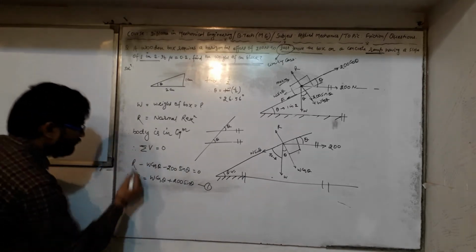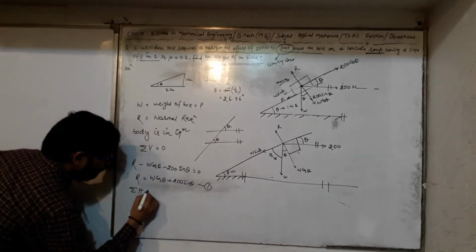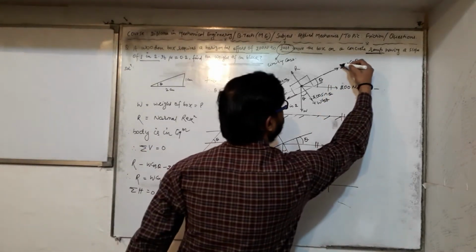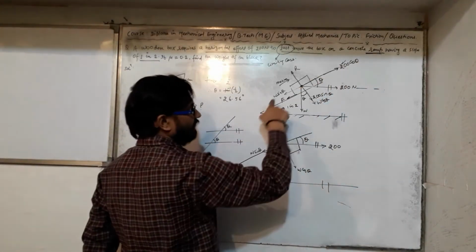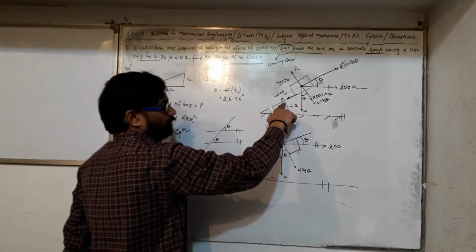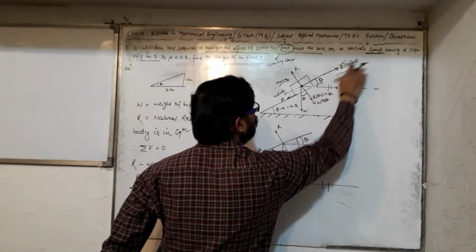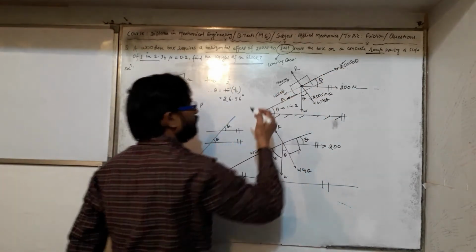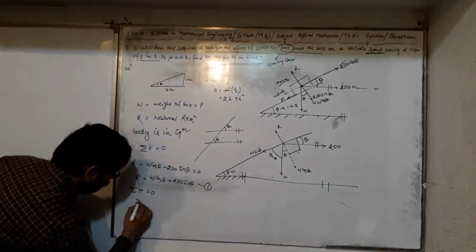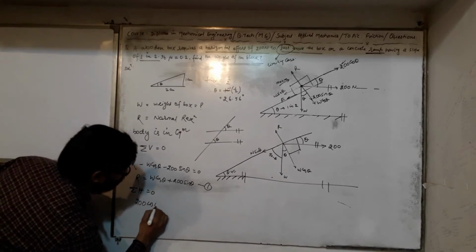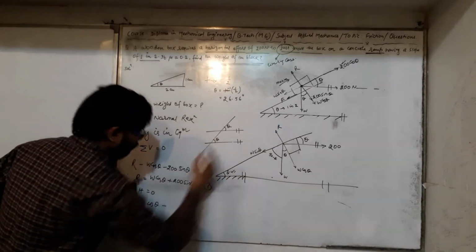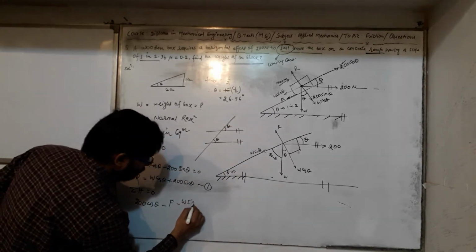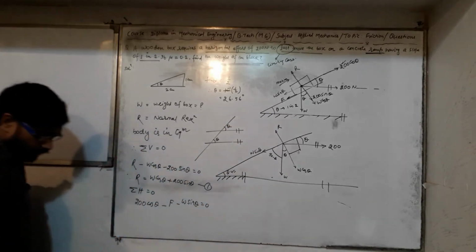Now the summation of horizontal forces is equal to 0. See, here there are three forces: one is 200 cos theta, another is W sin theta, another is F. Taking 200 cos theta as positive, these two would be negative. So 200 cos theta minus frictional force F minus W sin theta is equal to 0.